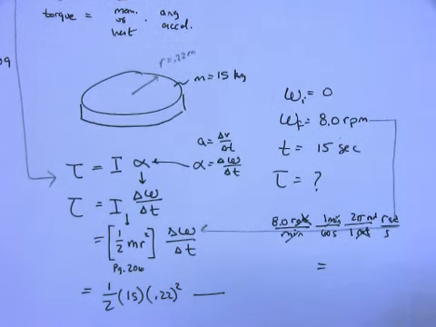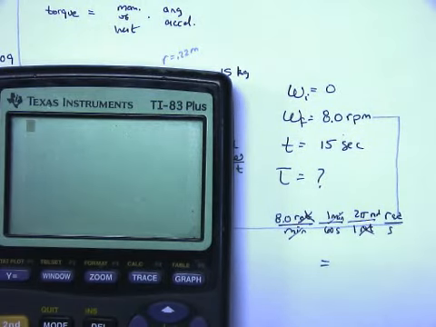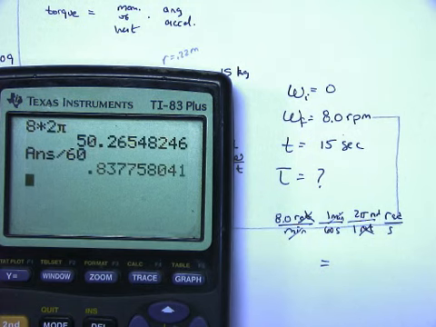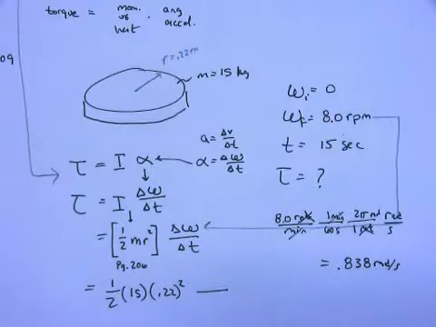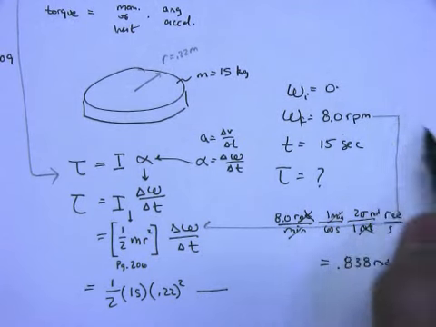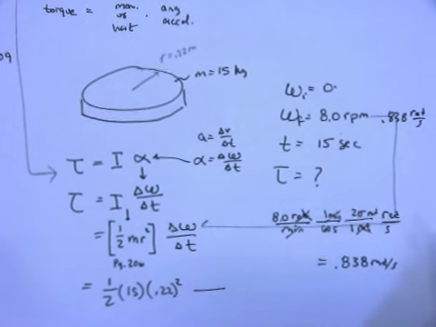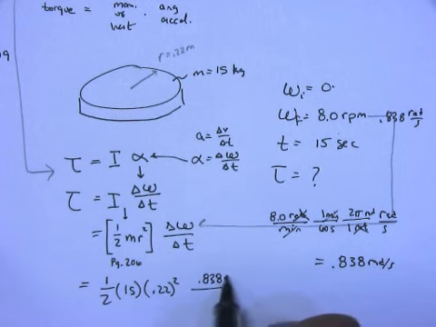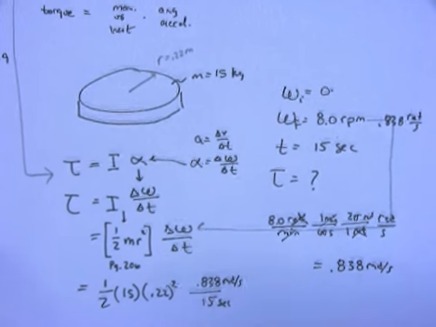So I'm going to take 8 times 2 pi divided by 60, and I get 0.838 radians per second. So I'm going from 0 to 0.838 radians per second, and the time is 15 seconds.